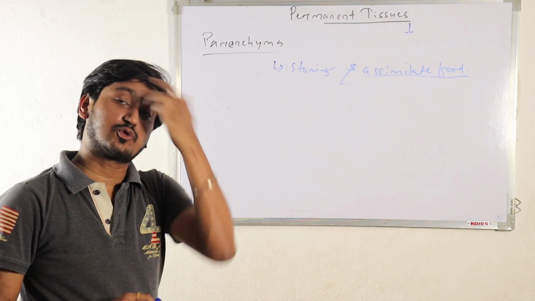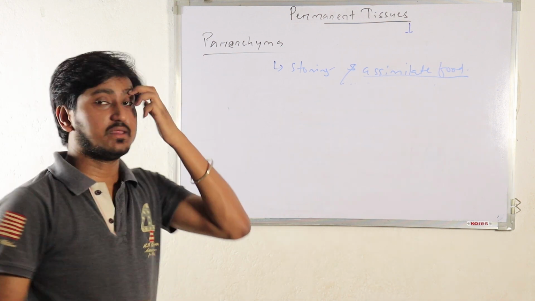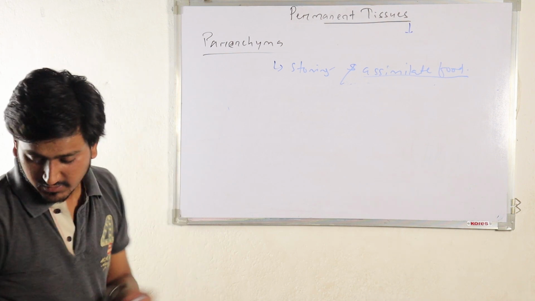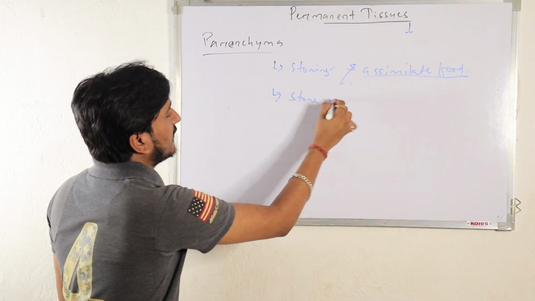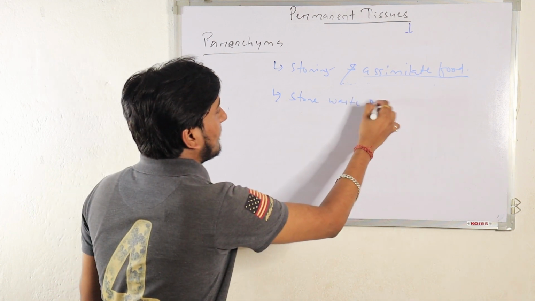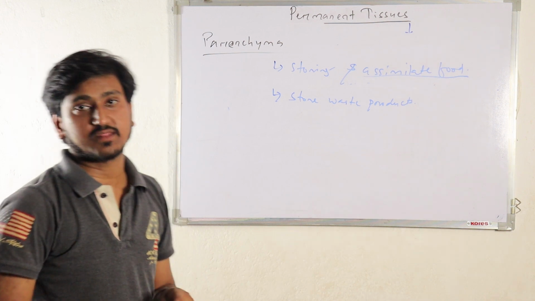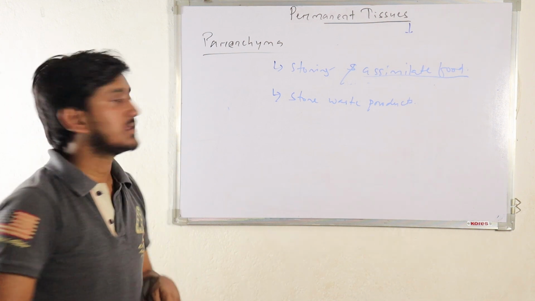Similarly, plants also do the assimilation of food, getting energy, and that is done within the parenchyma tissue. They store and assimilate the food. Together with the food, they can also store the waste products. Until the waste products are excreted out of the cell or out of the plant body, they will be stored in the parenchymatous tissues.